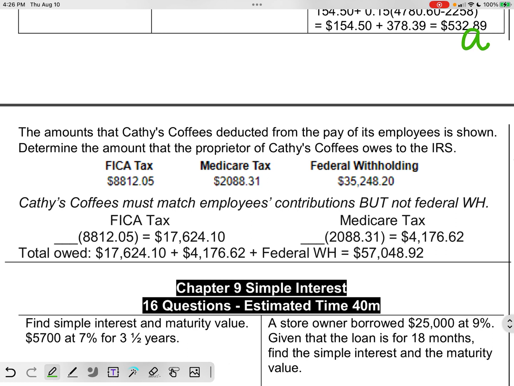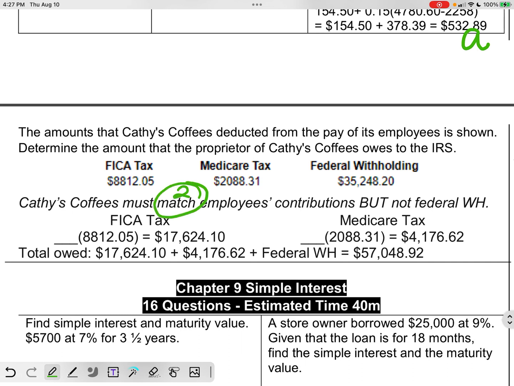Okay, one more thing, and then chapter 6 is done. Whenever you have a contribution made by an employee, the employer actually has to match what the employee did. They have to match. Not over, not under, match perfectly.